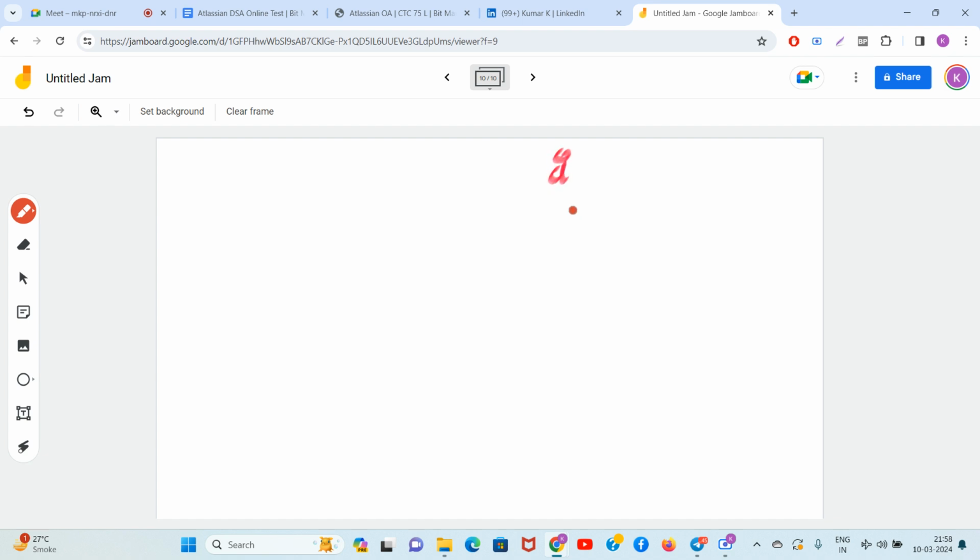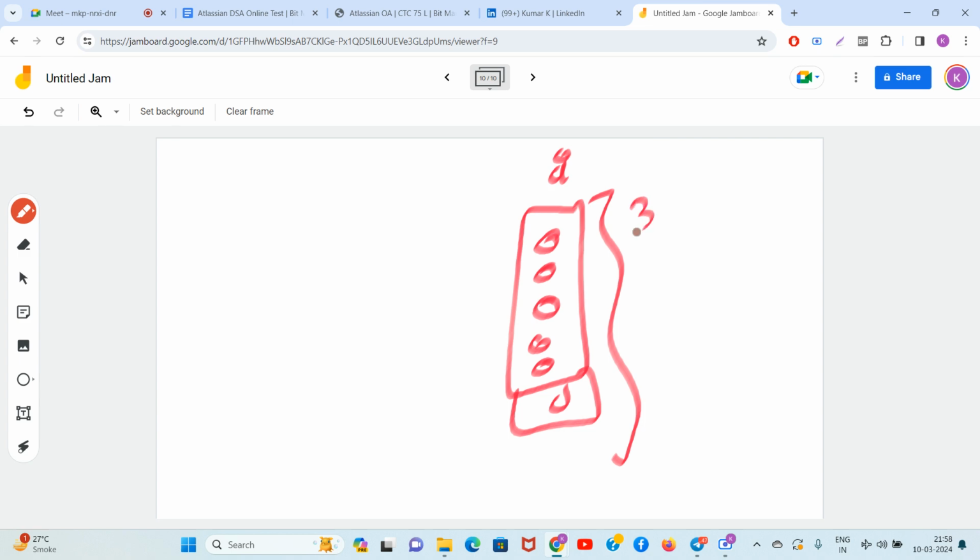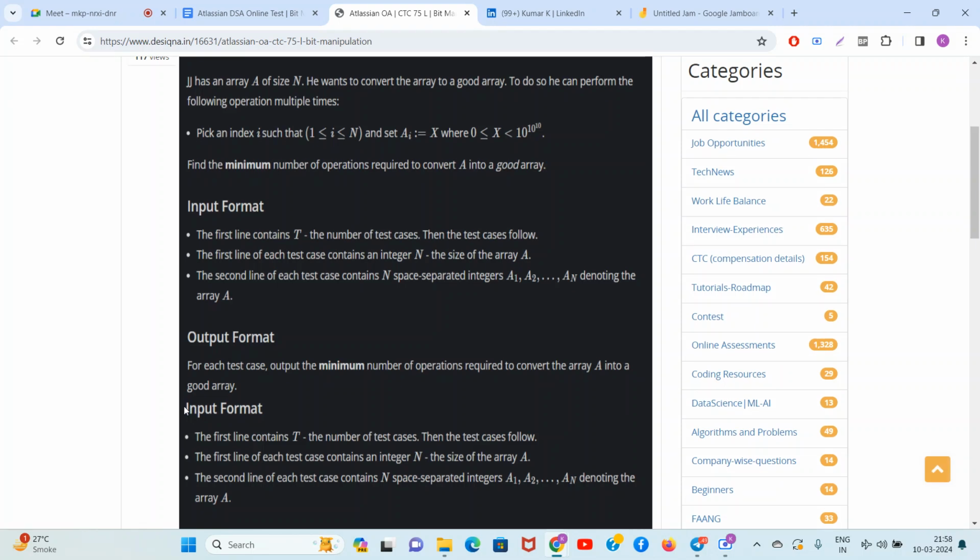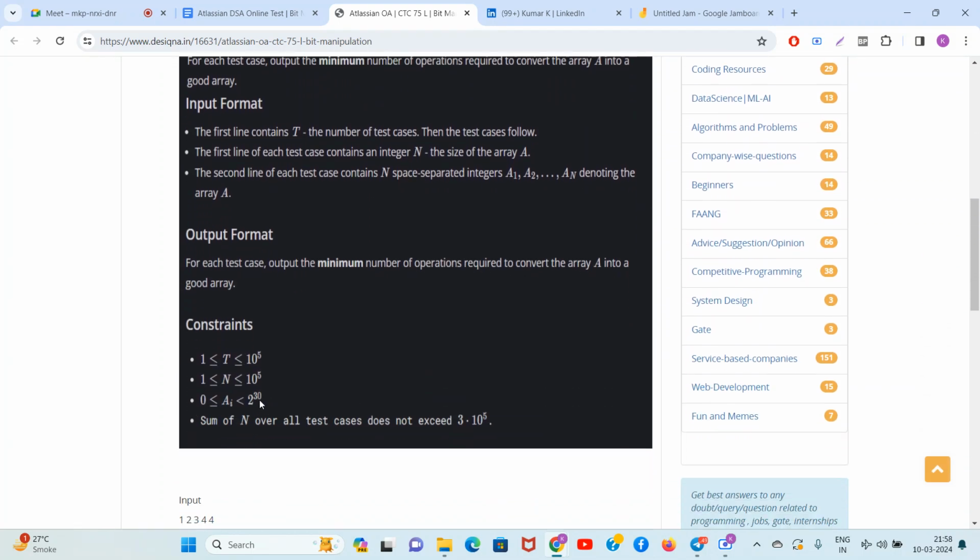If you want to replace something, put such a big number that there are at least 31 zeros, because all the numbers in the array are less than 10 raised to 9. That's why I was teaching you that concept. If the number is less than 2 raised to 30, all the numbers have a 31 bit representation only.